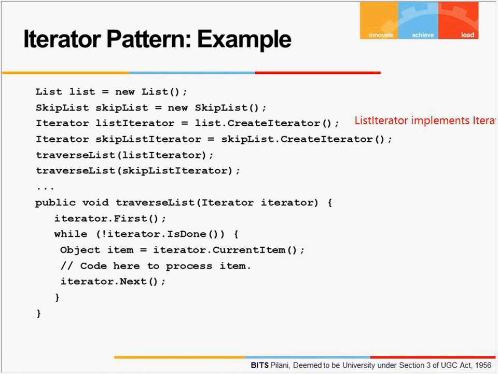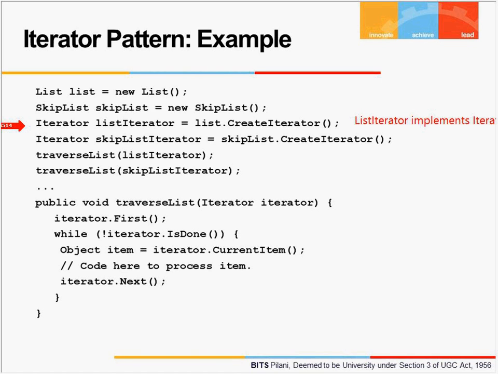Then you will understand what is actually happening. The create iterator method creates an object of the list iterator, and that list iterator has to implement all the methods in the iterator interface: first, next, is done, and so on.